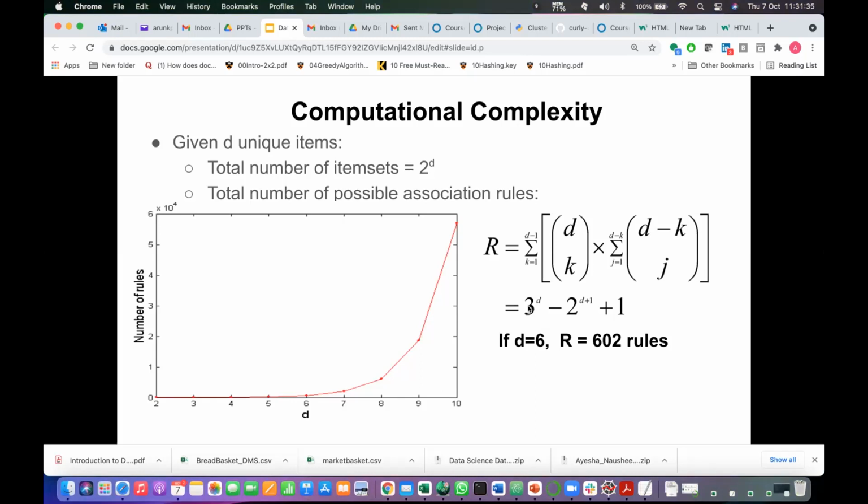Okay, then you can write 3 by 2 power d and 1 by 2. So 1 by 2 is always constant, right?